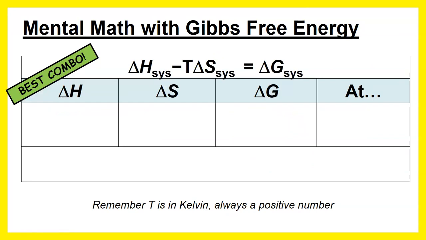We are going to look at what the best combo would be that would result in having a spontaneous reaction. Exothermic would be preferable. This value here being negative sets us up for a good position for our delta G to end up negative.